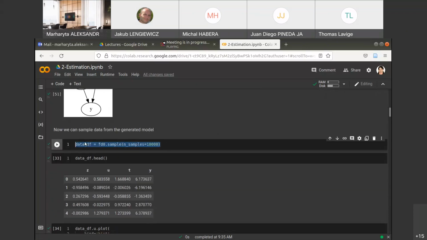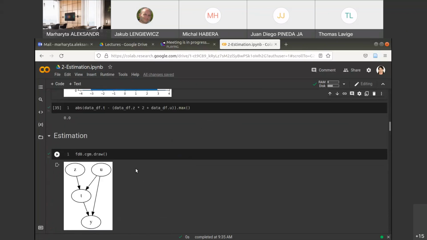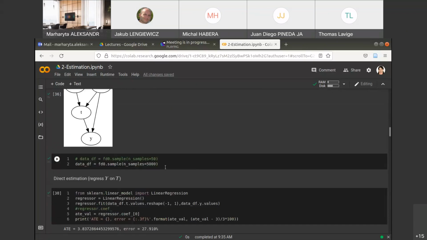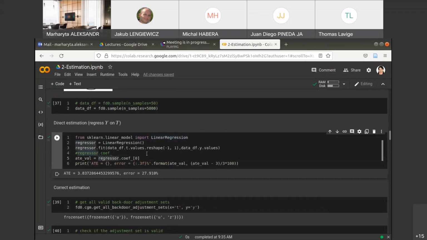Now we can generate a sample from this data set. Here I show some visualizations to confirm that the data set is the way we expected it to be. For example, we can confirm that the distribution of the variable u is normal. We do some other checks, and we will now try to estimate the causal relationship.